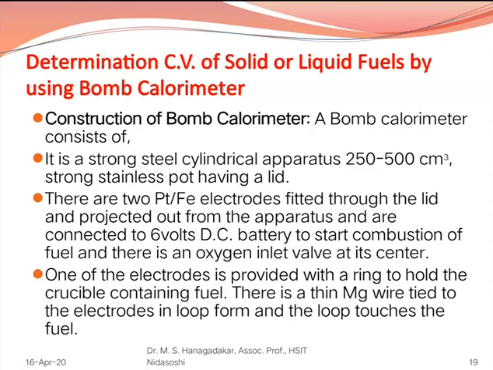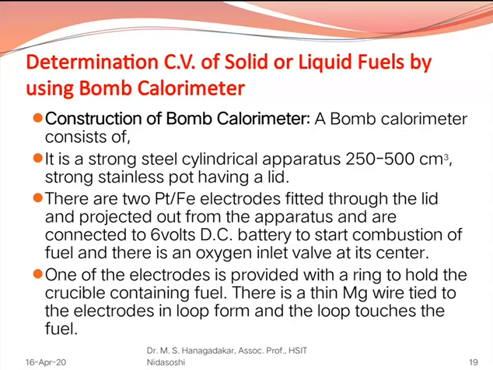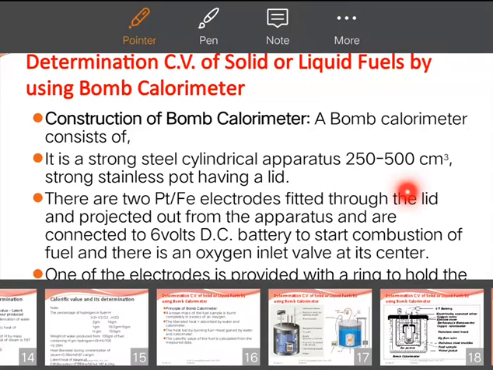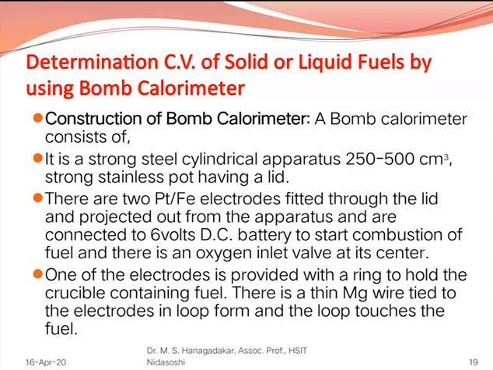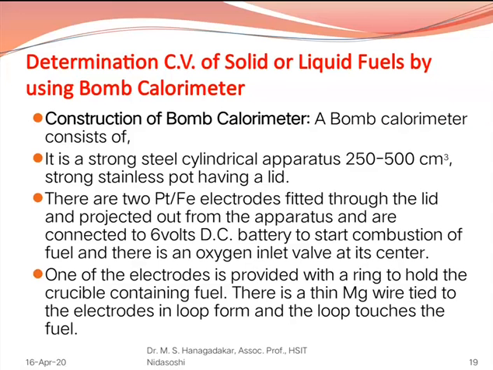There is an inlet for oxygen at its center. One of the electrodes is provided with a ring to hold the crucible containing fuel, and a thin magnesium wire is tied to the two electrodes in a loop, and the loop touches the fuel sample.